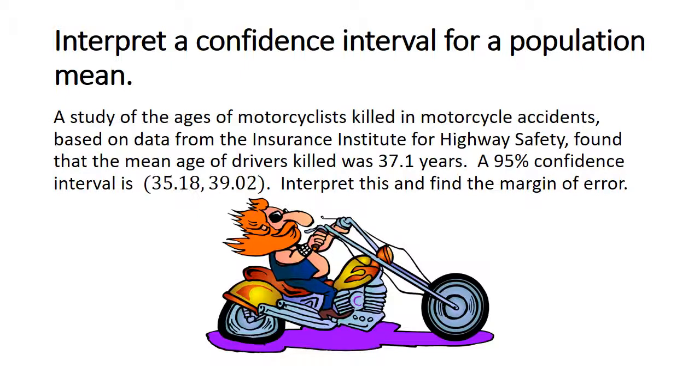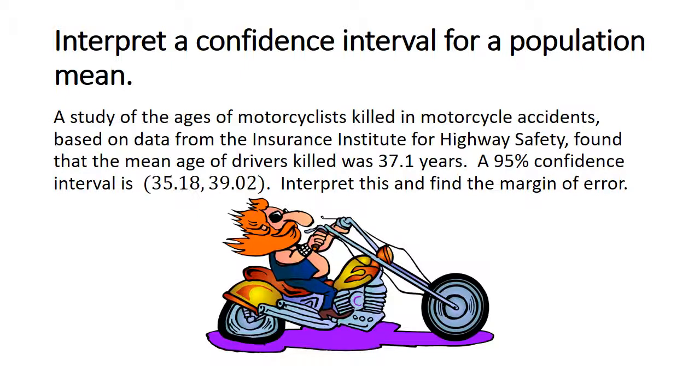A 95% confidence interval is, and we get this thing in parentheses, with a low number, 35.18, comma, and then a higher number, 39.02. We want to interpret this and find the margin of error.